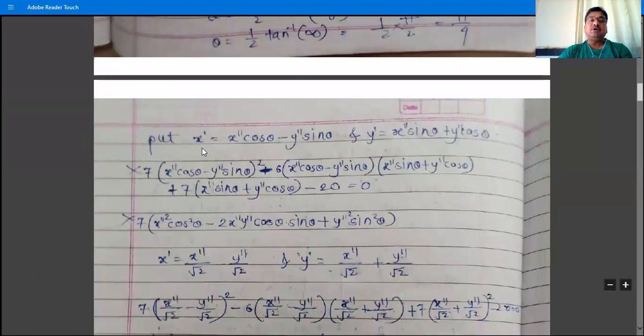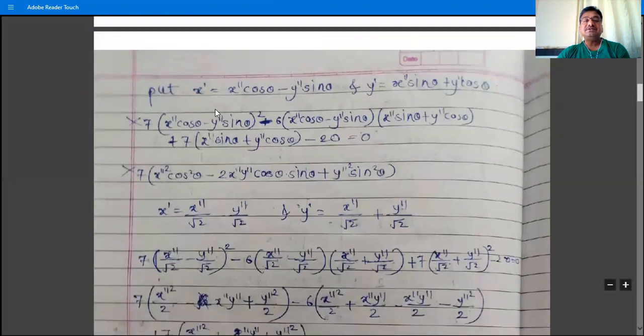Then use the formula x' is equal to x'' cos theta minus y'' sin theta, and y' is equal to x'' sin theta plus y'' cos theta. These are the transformation equations if the axes are rotated. Okay, these two steps are wrong; directly after this step, write this step.